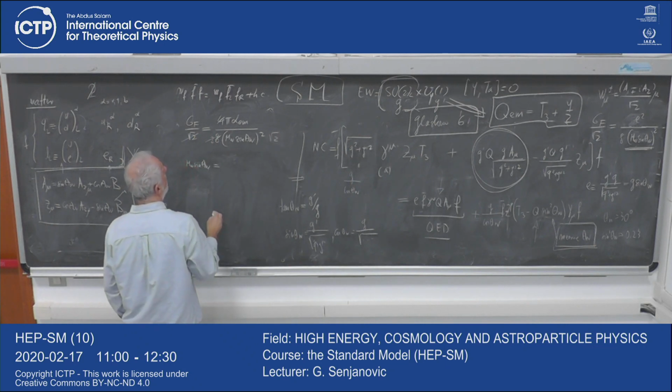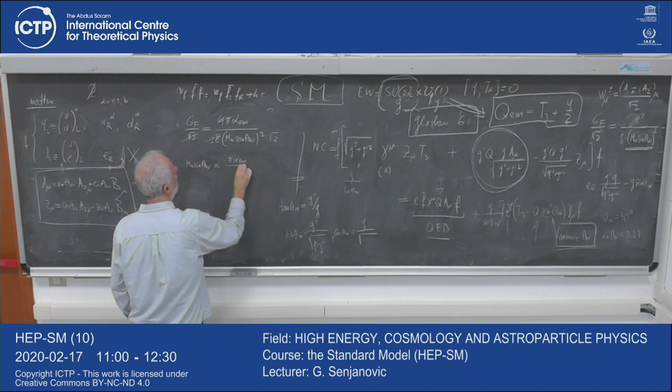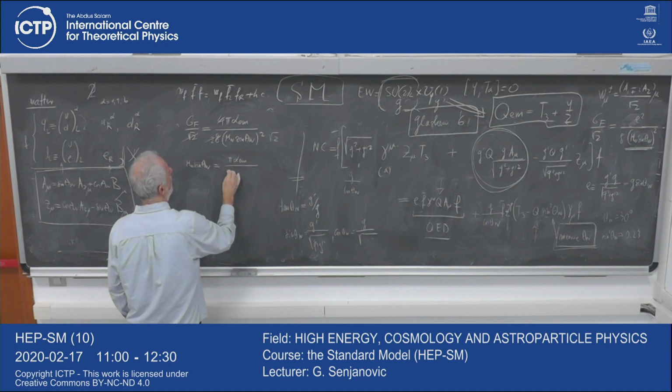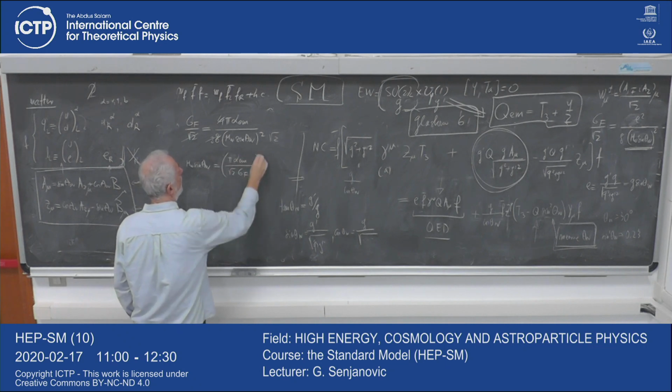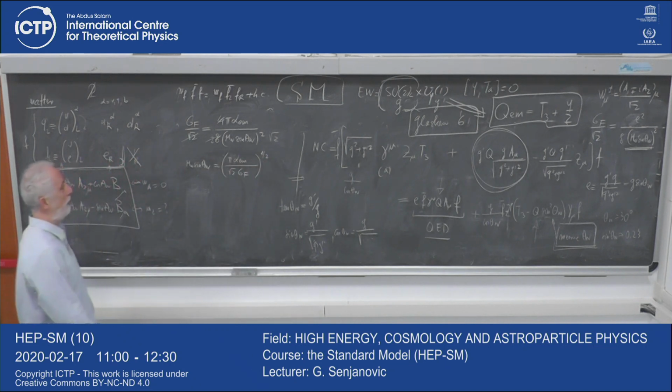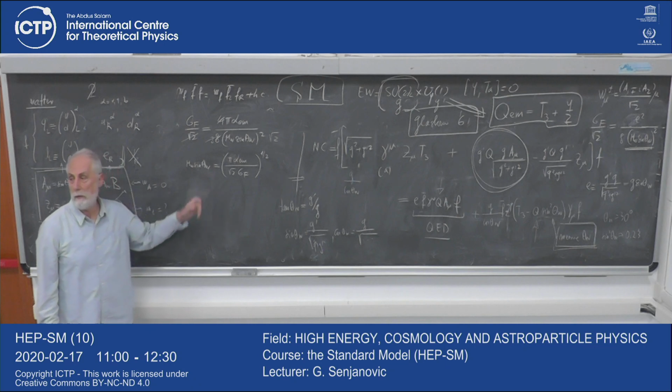So I will get that M_W sine theta_W is pi alpha electromagnetic divided by square root of 2 G Fermi. I think this is correct. Check if I'm right. I can predict M_W if you tell me what sine theta_W is.